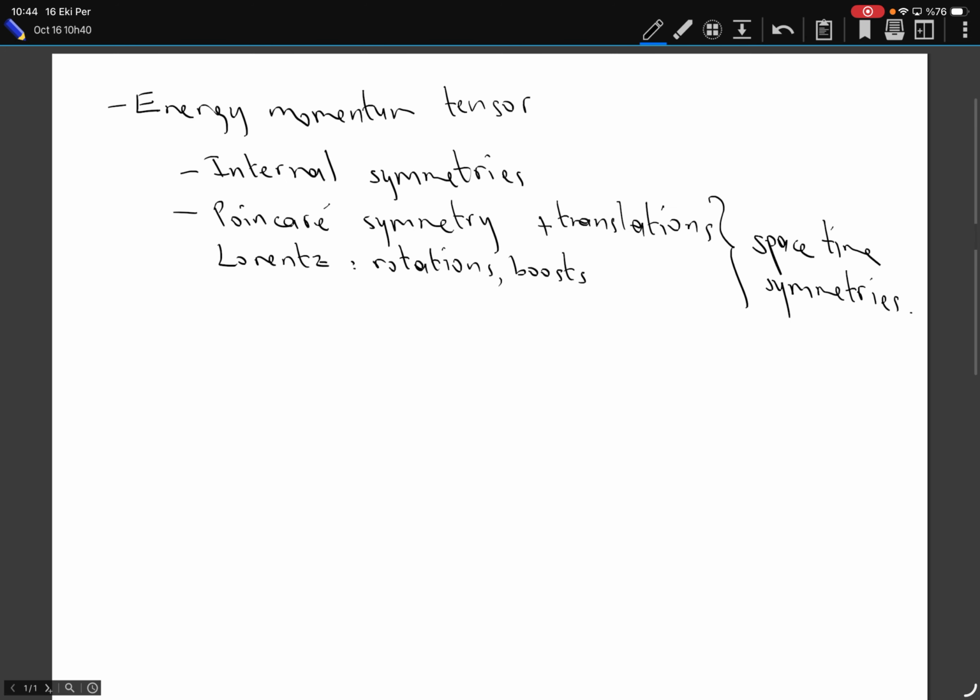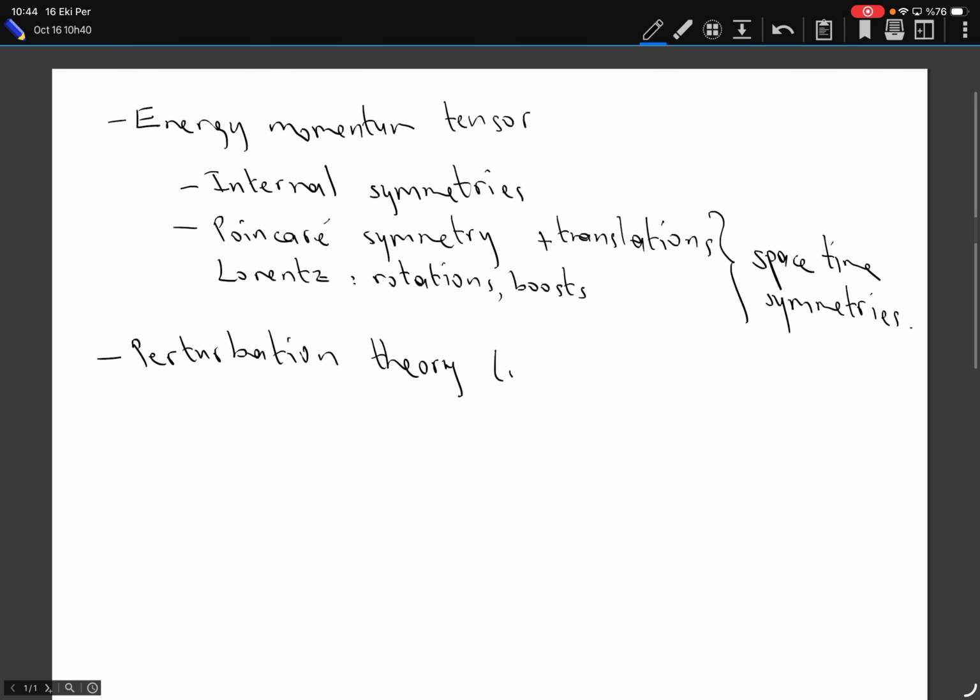Translation symmetry in space and time will give us the energy momentum tensor. Rotational symmetry and boosts will give us the angular momentum tensor. And after this energy momentum tensor, we will start the perturbation theory, what Schwartz calls the old-fashioned perturbation theory.